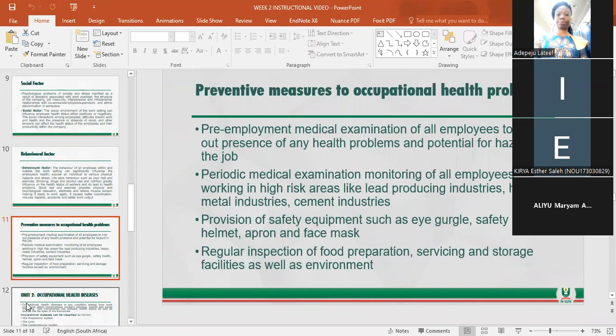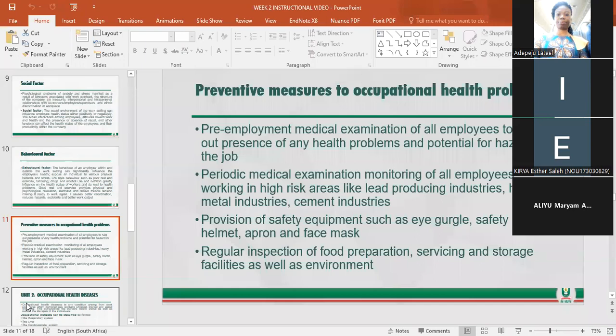How can it be prevented? This is very, very important, because prevention is better than cure. And an ounce of prevention is better than treating a case that is now at hand.